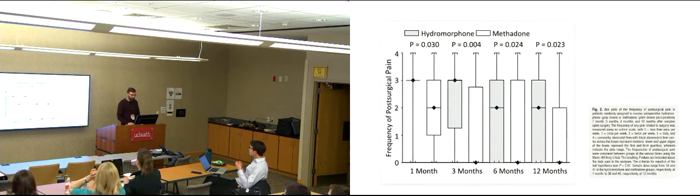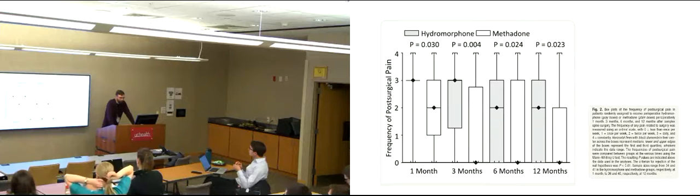Okay, figure 2. What is going on here? You get a lot of overlapping box plots. There was less post-surgical pain in the methadone group, pretty much everywhere, but significant, like the less than 0.01 level of significance, in the 3-month group.